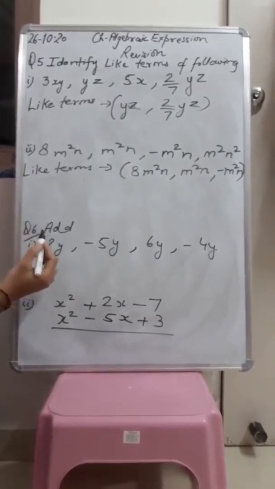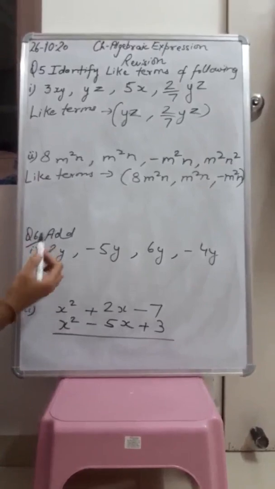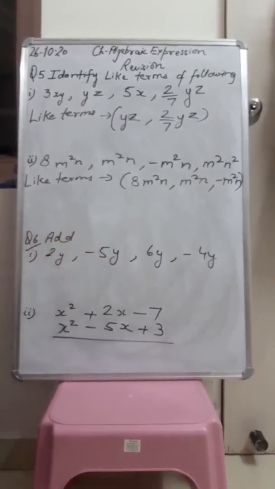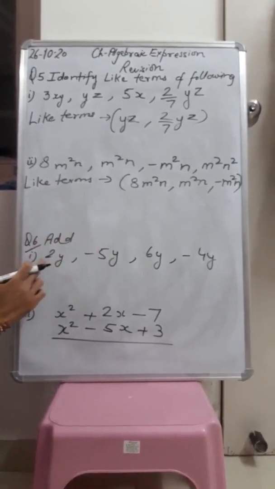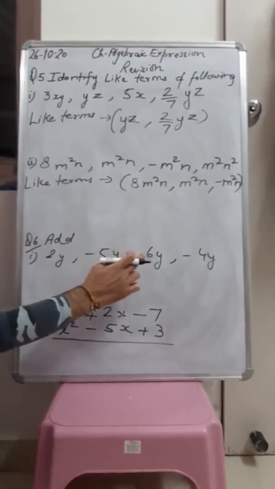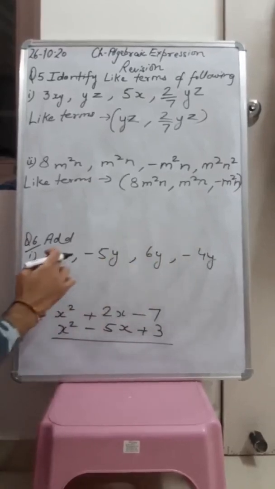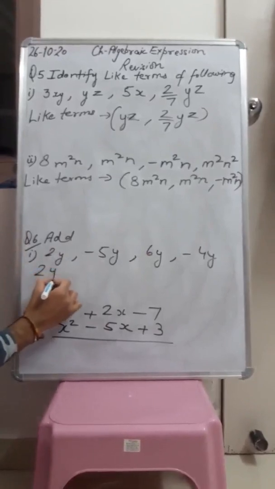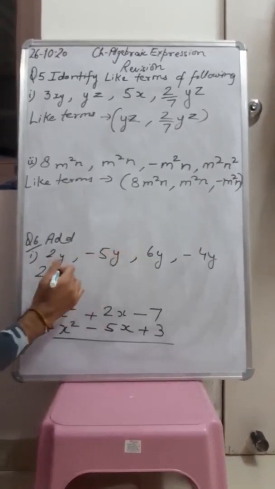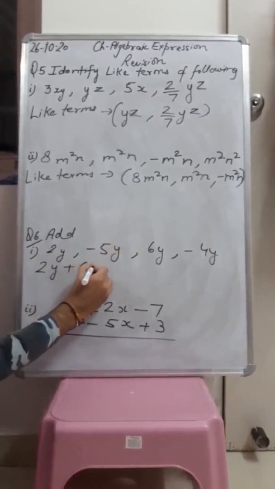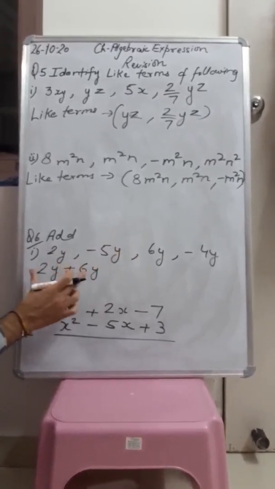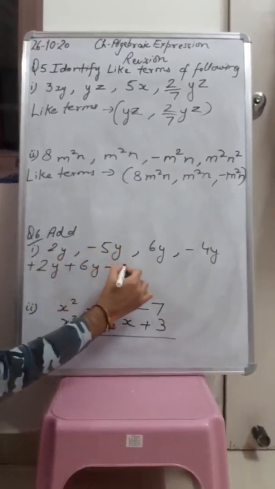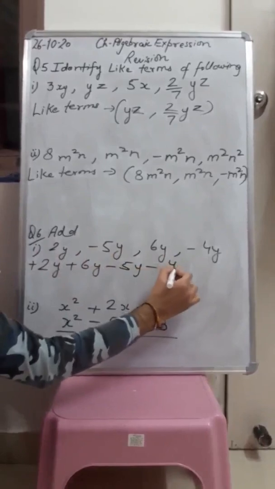Now question number 6. In question number 6 we have to add, and remember that we can add and subtract only like terms. First is 2y minus 5y plus 6y minus 4y. These are all like terms. First we arrange the terms which have the same sign. This is plus 2y, and this is also plus 6y. This is minus 5y, and this is minus 4y.